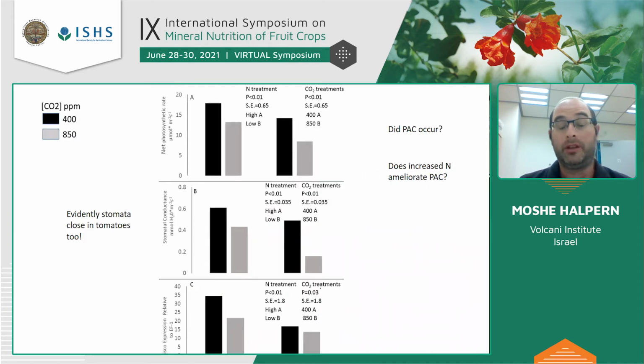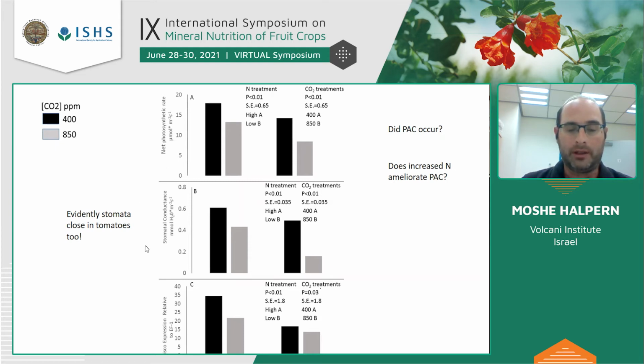Okay, so let's talk about photosynthetic acclimation in my tomato plants themselves. If you look at the net photosynthetic rate, measured at 400 ppm, you'll see that those plants that were grown in ambient carbon dioxide have higher levels of photosynthesis than those that were grown in higher levels of carbon dioxide.